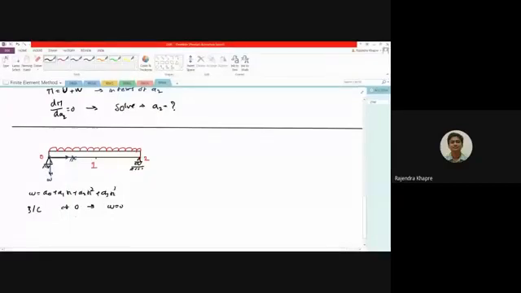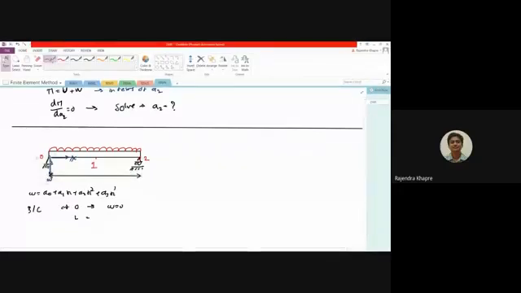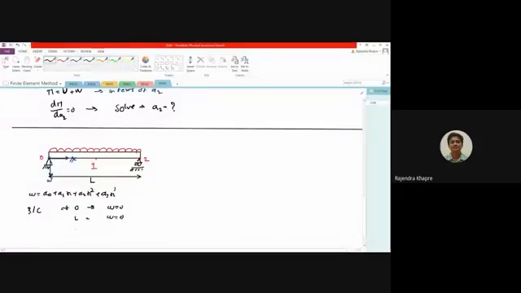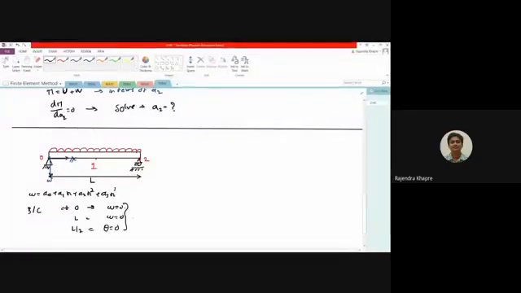At L, let us say this is your length, w is 0 because there is a roller support over here. At L by 2, that is at point number 1, we have theta equals 0. So there are 3 boundary conditions.